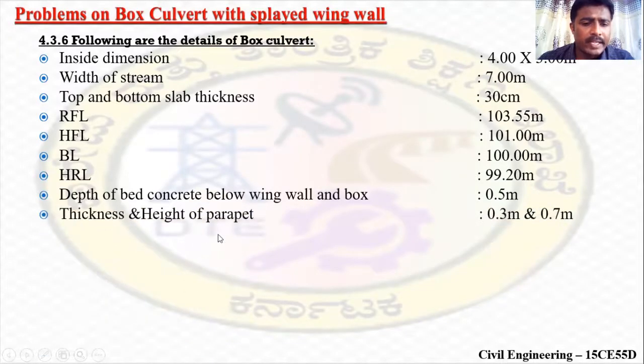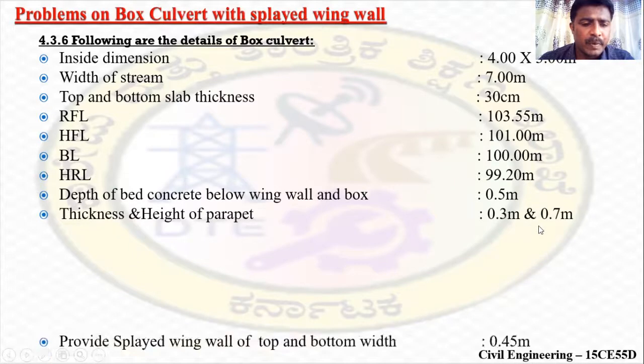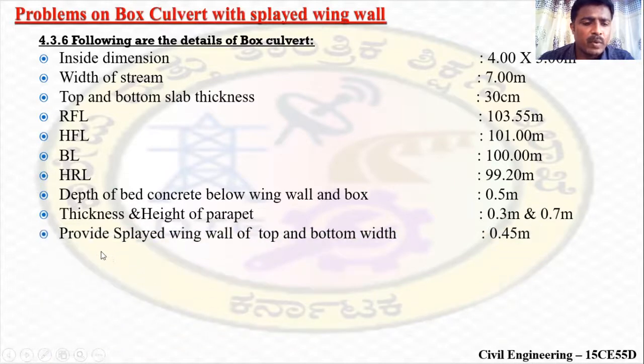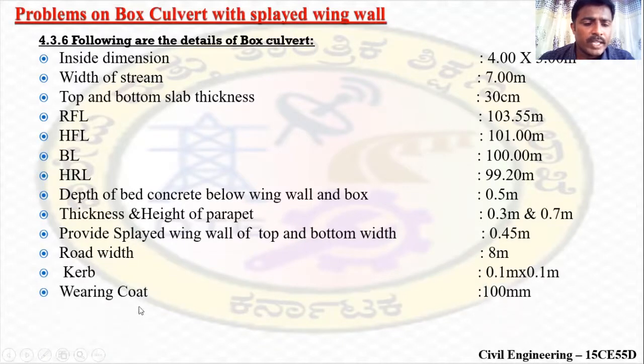Thickness and height of a parapet 0.3 meter and 0.7 meter. Provide splayed wing wall at top and bottom width is 0.45 meter. Road width 8 meter. Curb 0.1 meter width and height 0.1 meter. Wearing coat 100 mm.